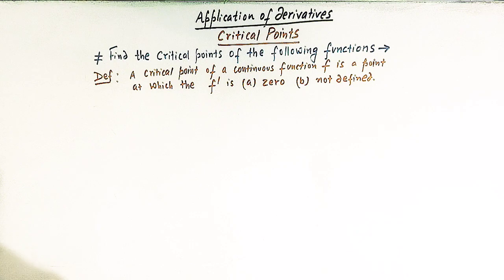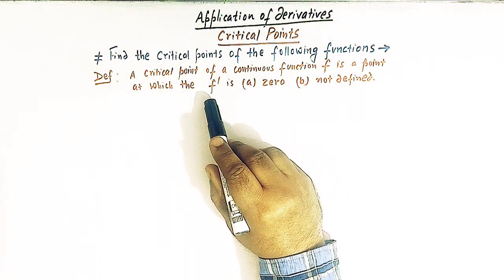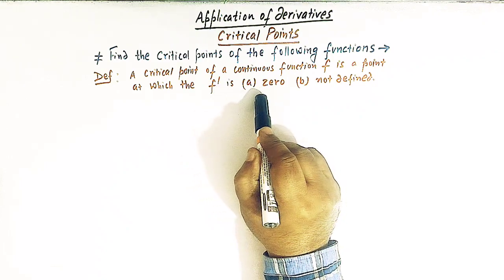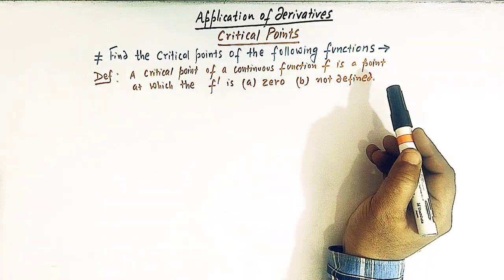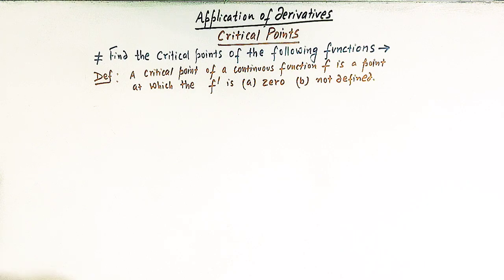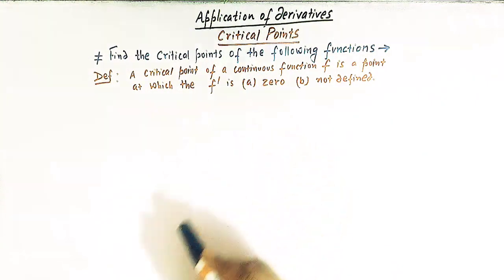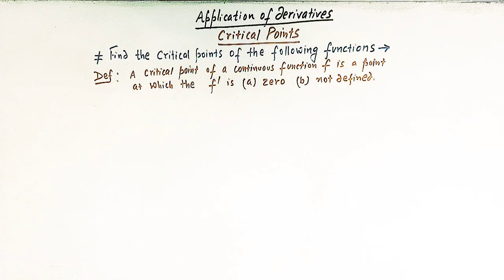So a critical point of a function f is a point at which the derivative is either 0 or it is undefined, right? So let us see with the help of some examples how we can utilize this definition, and we can find out the critical points of certain functions.